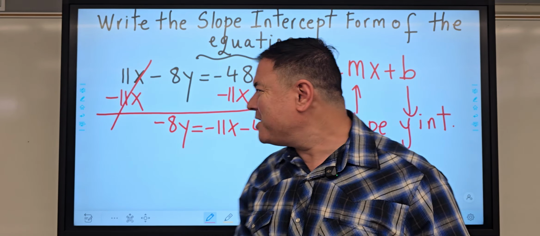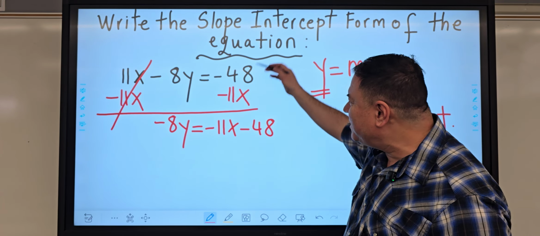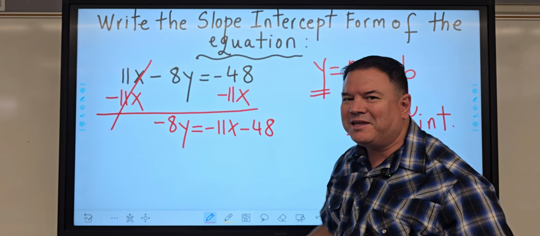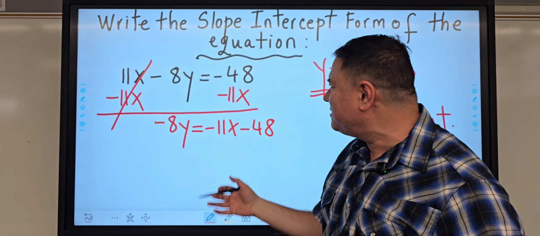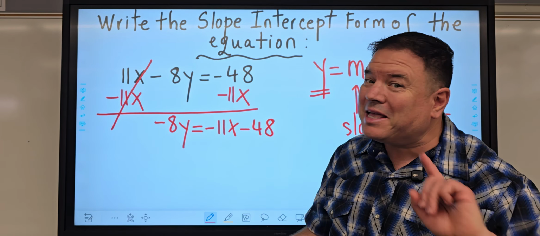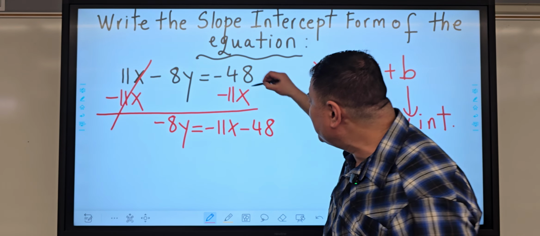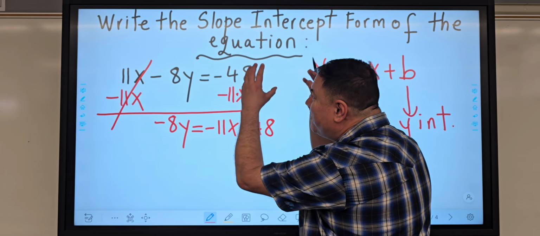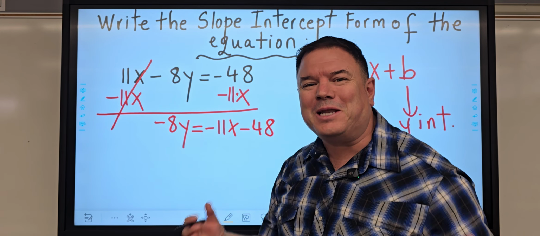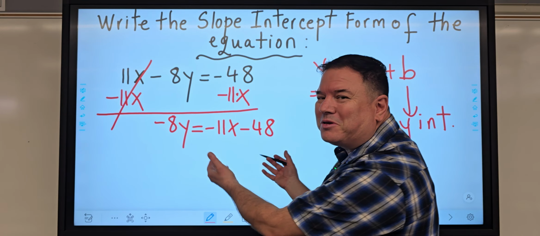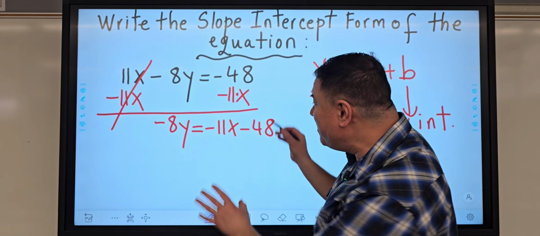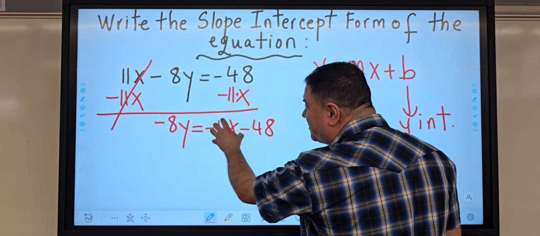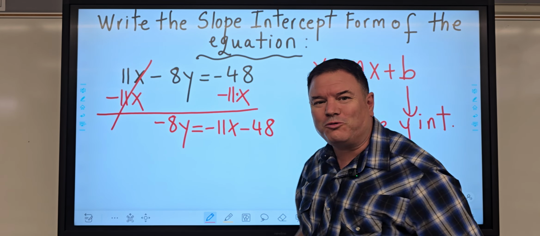Many students think that we can just combine negative 48 and negative 11 and get negative 58, but that's not right, because negative 11x is one term, and negative 48 is another term. So we cannot combine them. We keep negative 11x first and then minus 48.